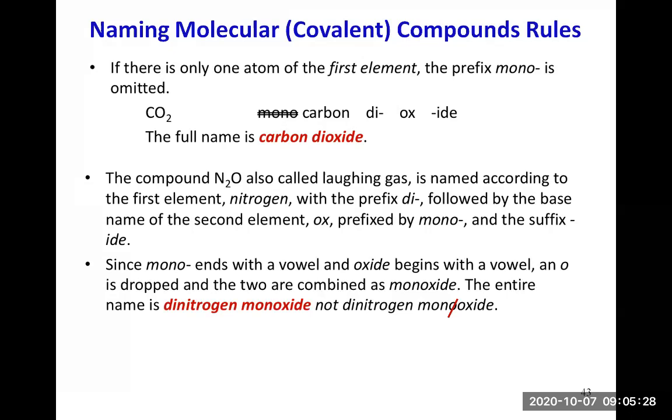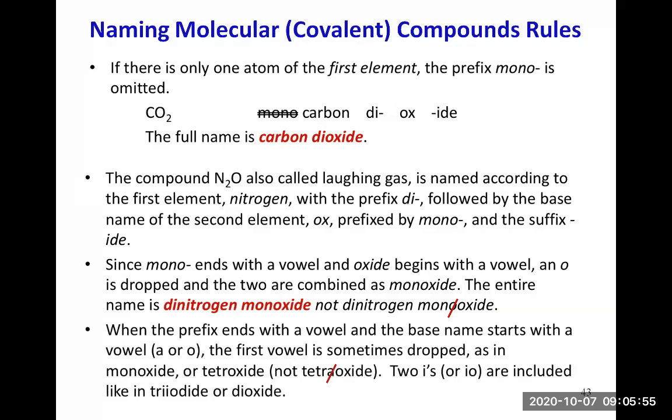But since mono ends in a vowel and oxide begins with a vowel, one of the O's is dropped, and the 2 are combined as monoxide. We don't say monooxide. So the name is dinitrogen monoxide and not dinitrogen monooxide. You drop one of the O's if there are 2 O's.